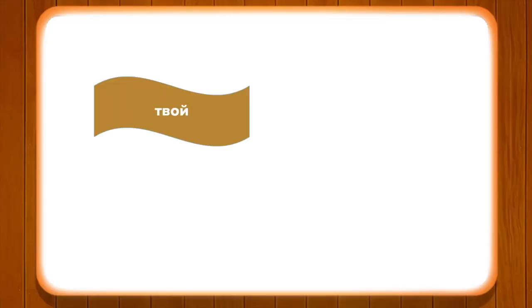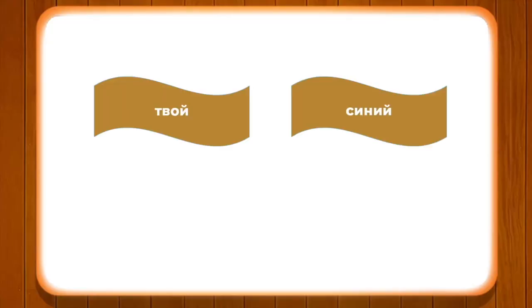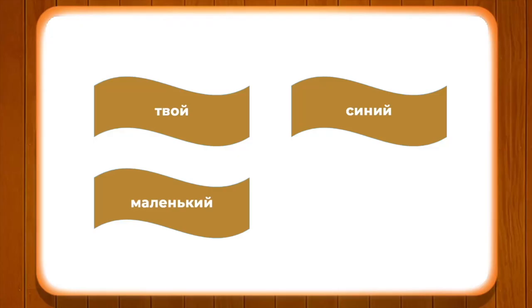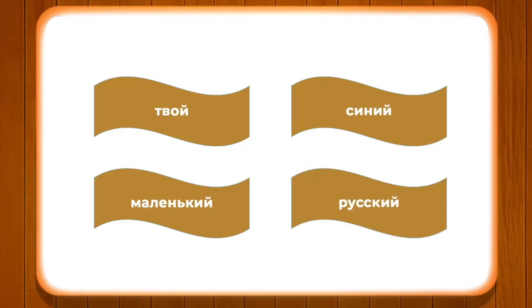So, we have a new set of words with us. Here you can see, and please pay attention when we are using these new words. After doing this exercise, we will see that we have a set of words which we are going to use very often, like tvoi, sinny, malenki, ruski.